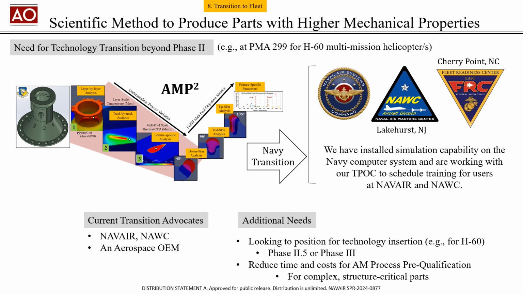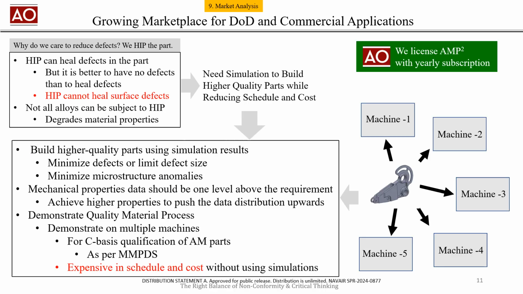We are looking to position this simulation for technology insertion, for example, via Phase 2.5 or Phase 3. Its objective is to reduce the time and cost for the additive manufacturing process pre-qualification for complex structure-critical parts. The marketplace for this simulation technology is growing both in the DoD and commercial arenas.